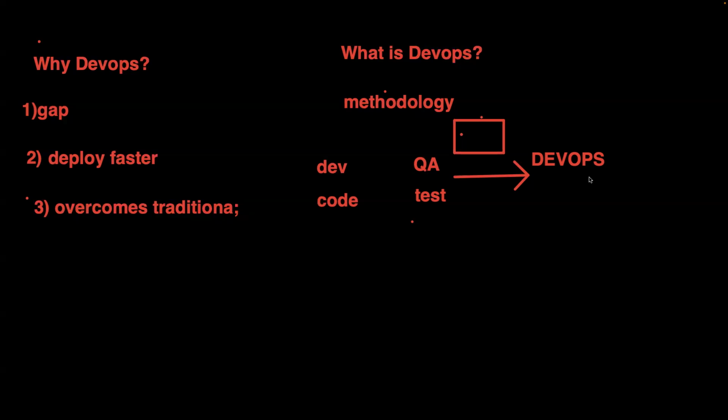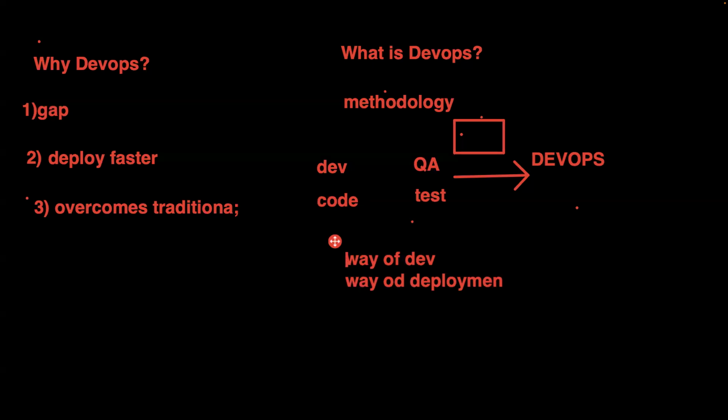Because of this change, the DevOps team need not work on individual underlying dependencies, like which version of Java or which version of Tomcat. They just take this container and run it on all the servers where your application runs. So the way of development and deployment changed, which brought DevOps.